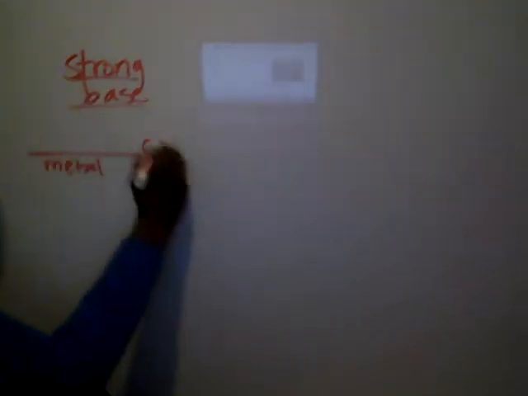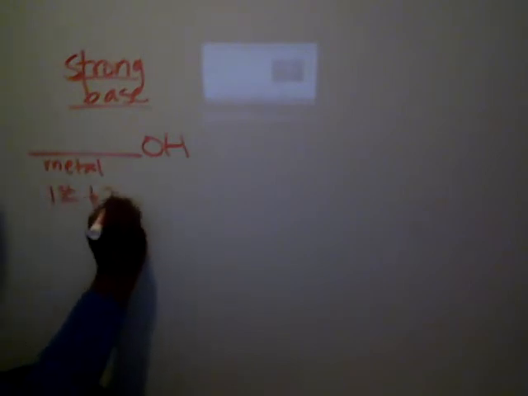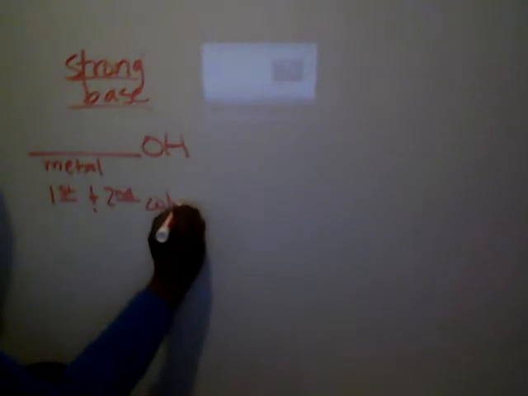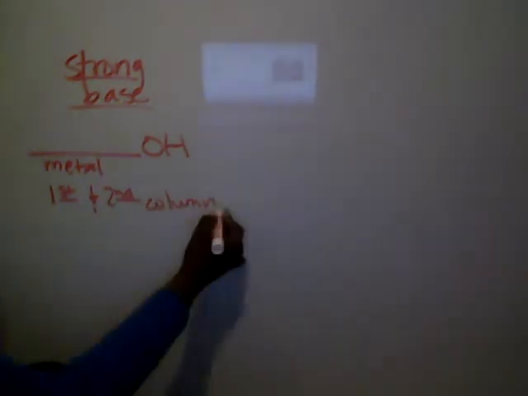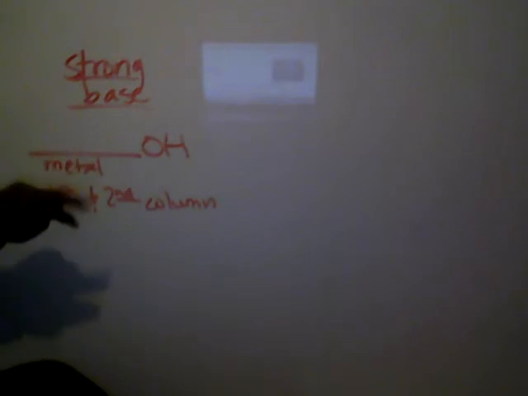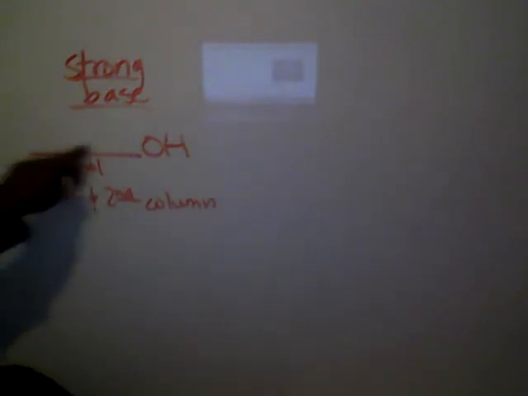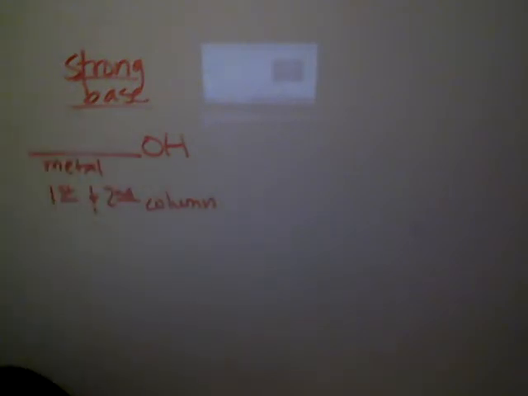Now remember, the base formula is always a metal with hydroxide. So if you use for your metal something from the first or second column, then that means that you have a strong base. Like if you were to use lithium or potassium or calcium or strontium, any of those from the first 2 columns, if you put it with hydroxide, you have a strong base.